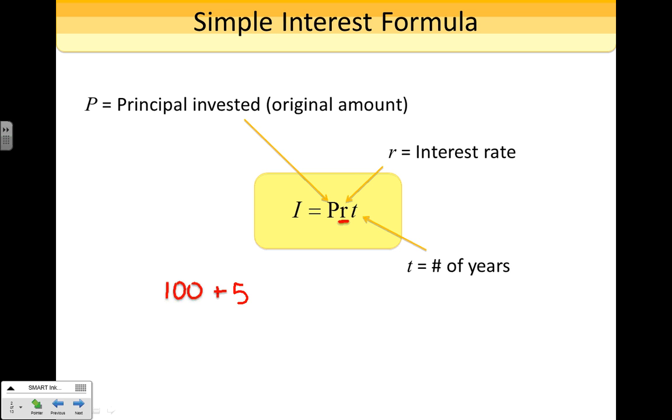So I would add $5 to my account at the end of the year to then have 105. The simple interest formula is a way to determine how much interest you are going to get in that year depending on how much money you start with. Okay?